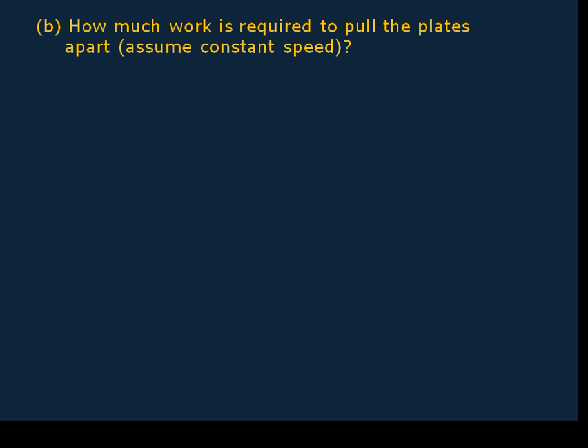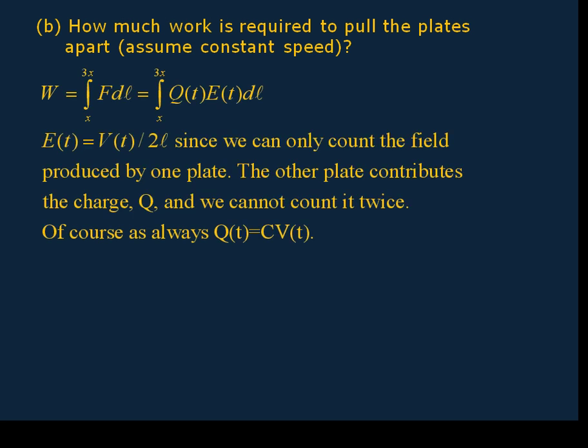We're just going to use the force needed to pull one charge away from the other charge. So here's how that works. If you have a force F and you move a distance dl, that's the work done.